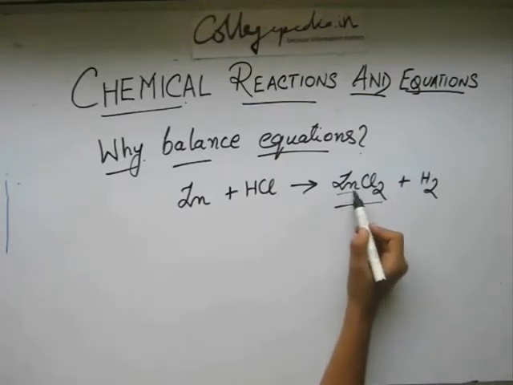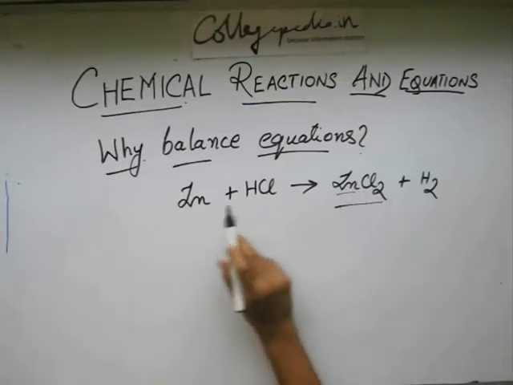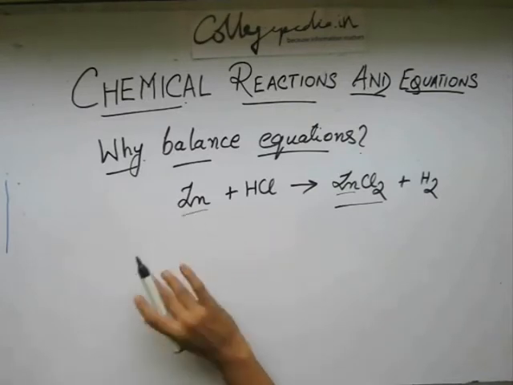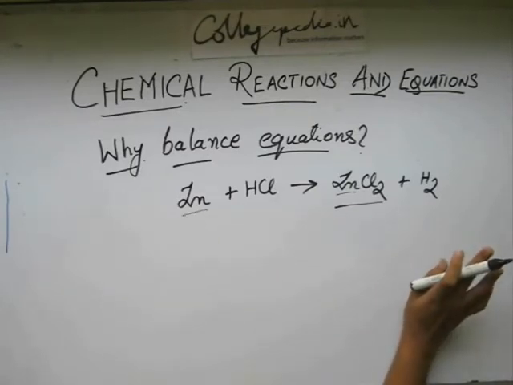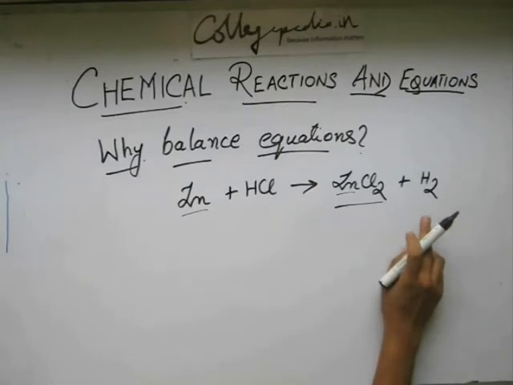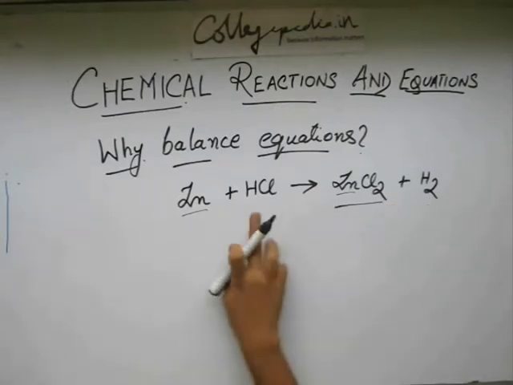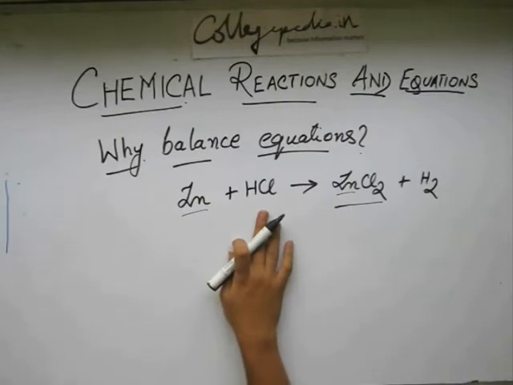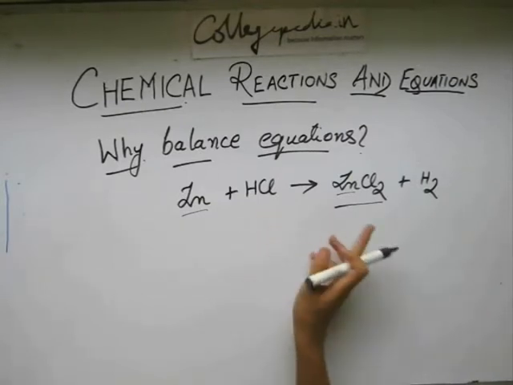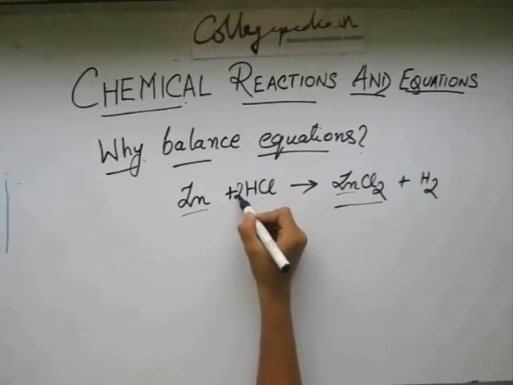In this, zinc is 1 on this side, zinc is 1 on this side. So zinc is already balanced, no need to balance it. You will find 2 chlorine on this side and 1 chlorine on this side. So what you do? You multiply it with 2.